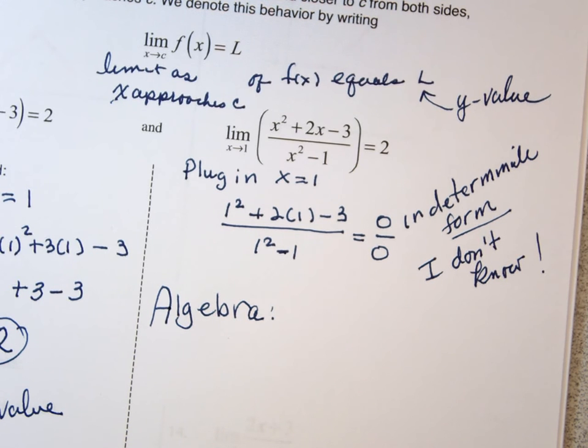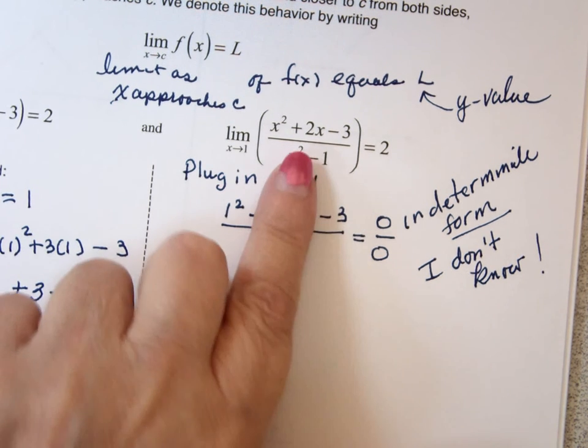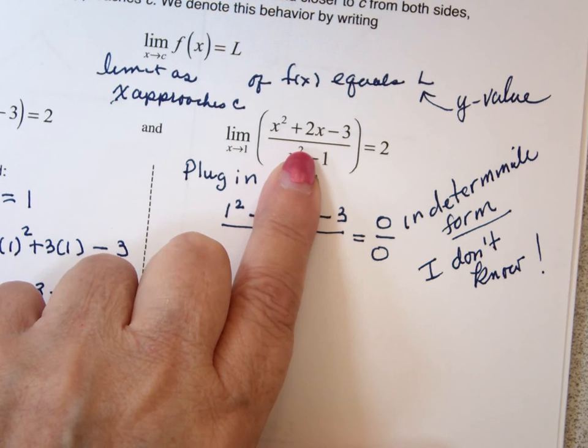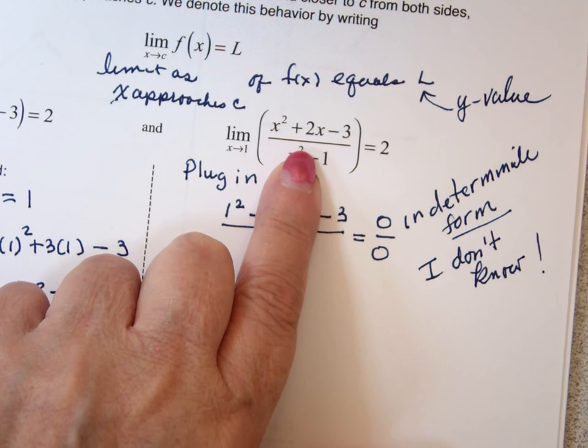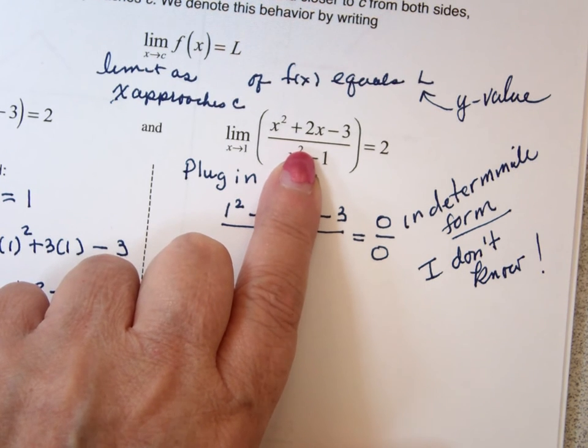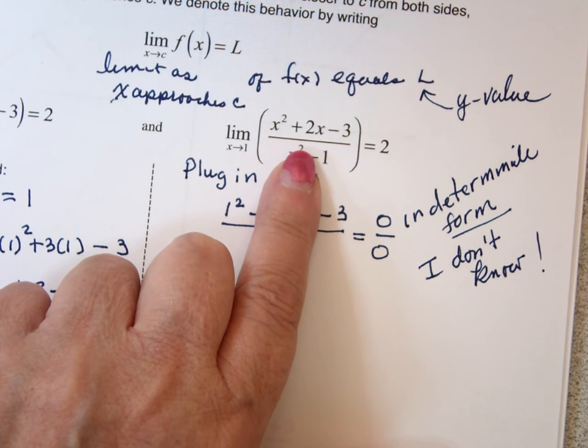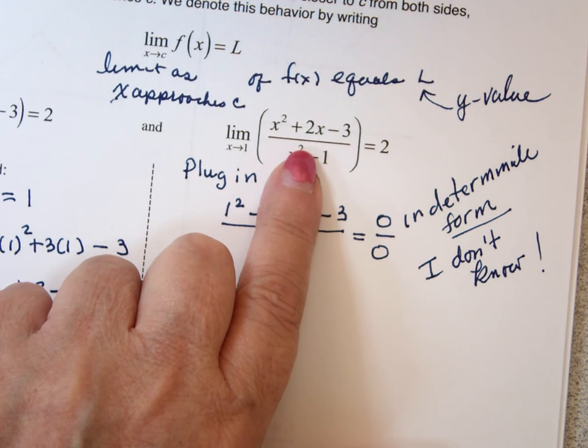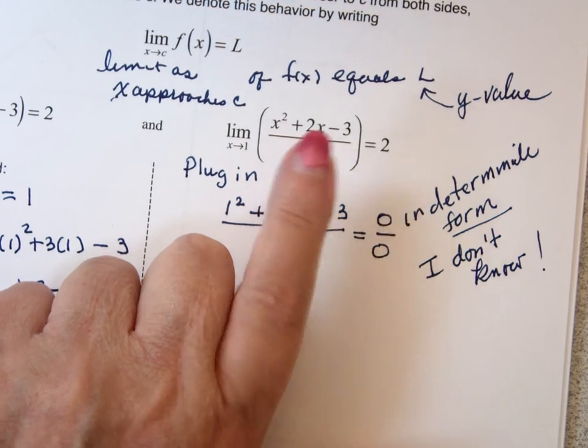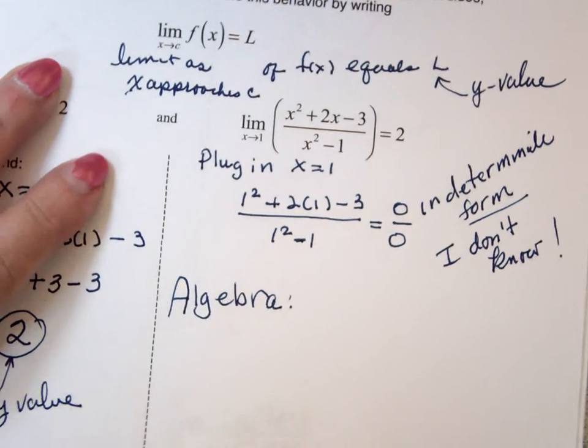The tool we have in algebra is that when I put a number in a function or in a polynomial, like x squared plus 2x minus 3, and I get 0, what does that mean? How much we forget.